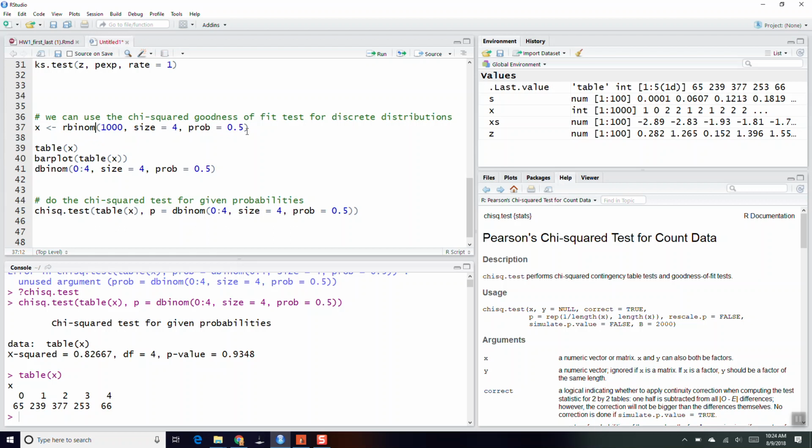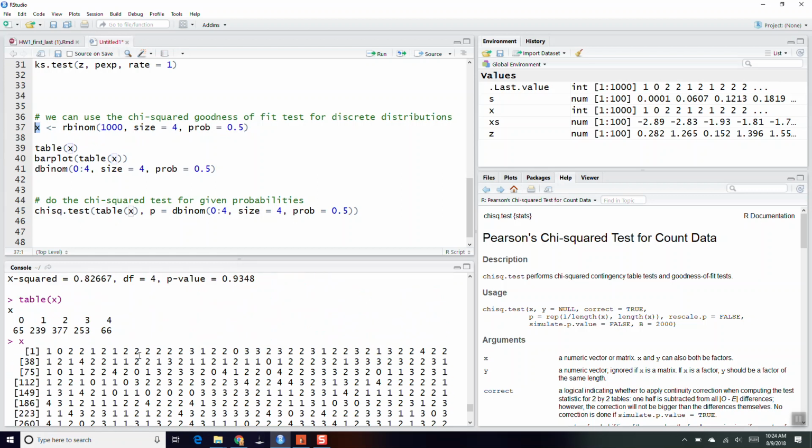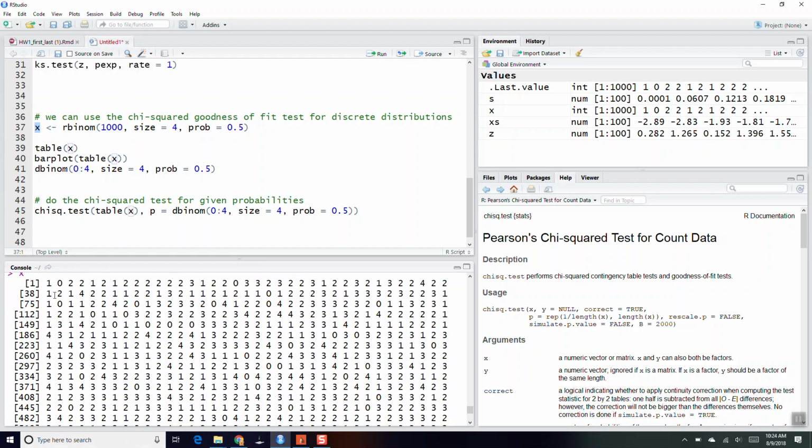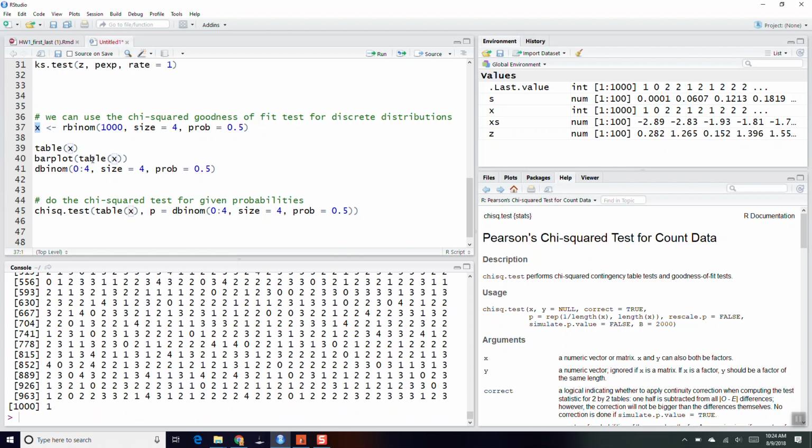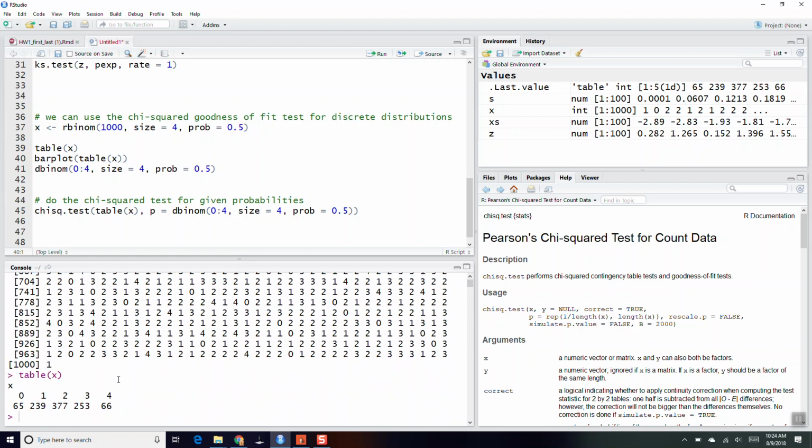Then we repeat this 1,000 times and keep track of everything. That's what X is. X says the first time you got 1 head, the next time 0 heads, then 2 heads, and so on. Table X tabulates everything so it's easier to read. It says you got 0 65 times, and 1 239 times, and so on.